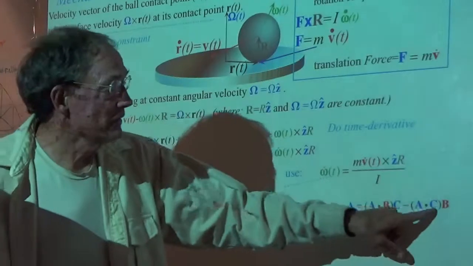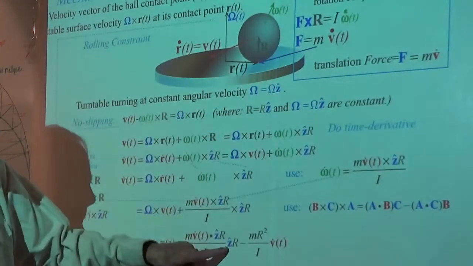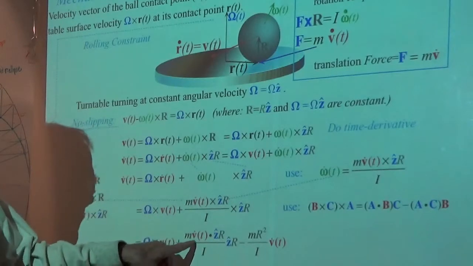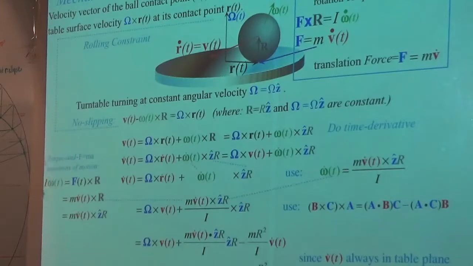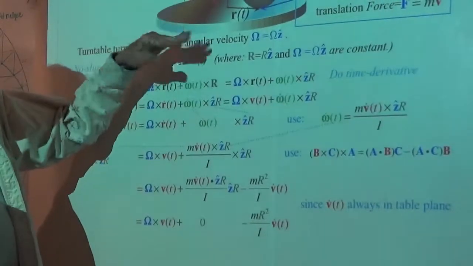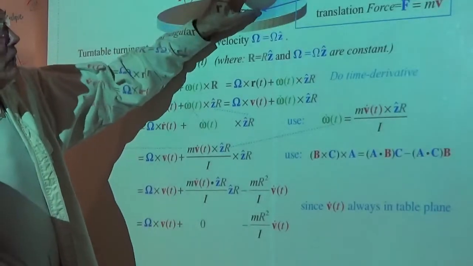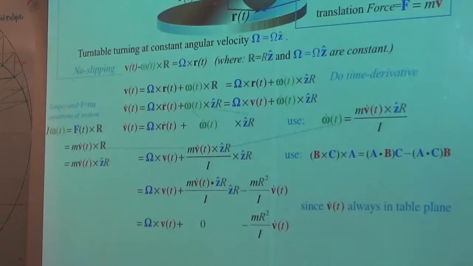Here we get an r squared with the v dot, but here we get this combination, v dot z, which can be set to 0 because v cannot have any component unless the ball hops up and down on the table. So there's the equation right there.